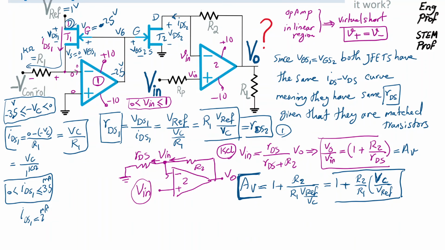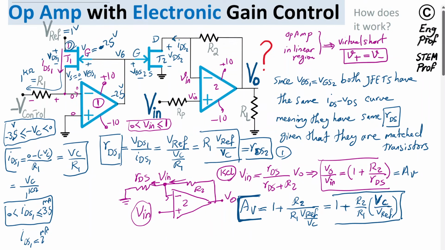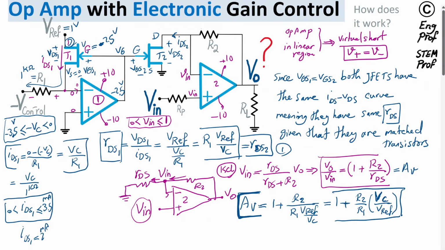So effectively we have a nice electronic gain control in this op-amp amplifier, defined simply by the V control applied inside the circuit using two JFET transistors. I hope this example is helpful in showing how we can use JFET transistors combined with op-amps in the deep ohmic region to realize a variable controllable resistor that enables us to design an op-amp amplifier with electronic gain control. I hope this is helpful.